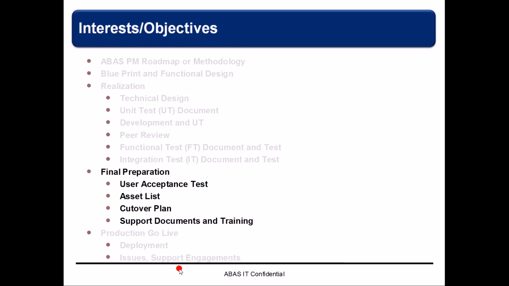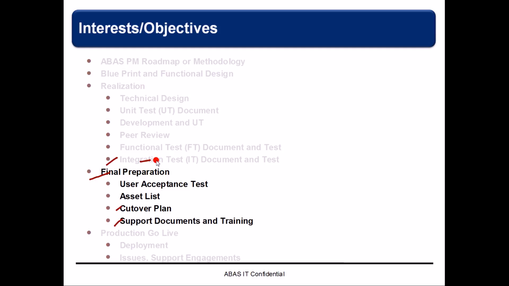So the next slide is about when the integration test is complete, right? We're going to start with the final preparation, which includes the user acceptance test, the asset list of the objects that we developed, and the cutover plan, how we're going to migrate these changes of the objects into production, and the support documents that we derive from the integration test, all the user documentation.